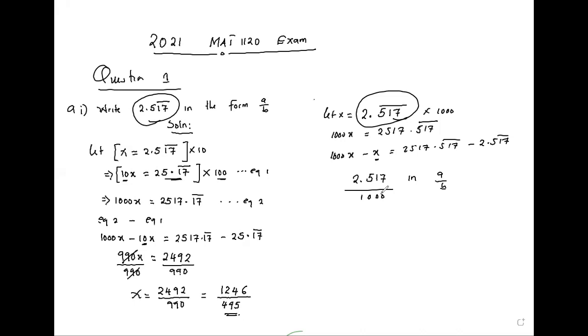So you can easily write your number as 2517 over 1000. That's how you simplify those that don't have a bar.